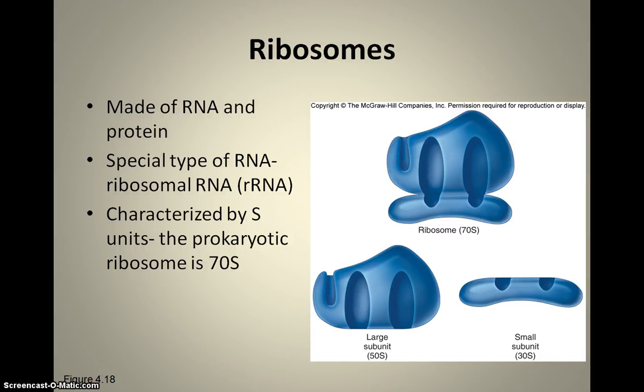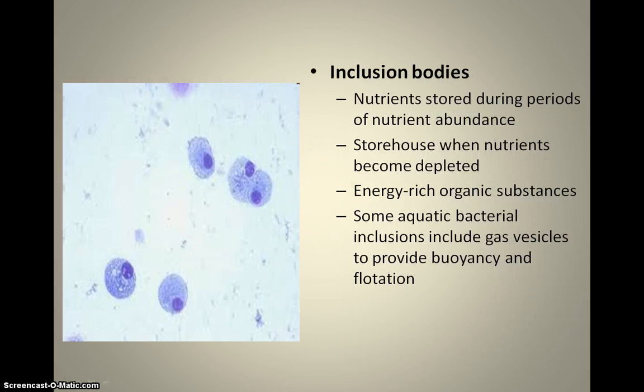So it has something to do with its shape and its ability to pass through a liquid, which is why they can have these seemingly nonsensical S units that don't always add up. But just keep that in mind: prokaryotes have 70S and eukaryotes have 80S.